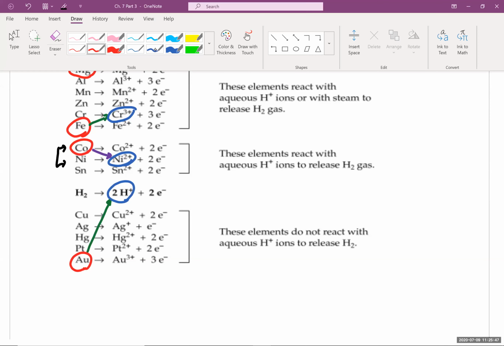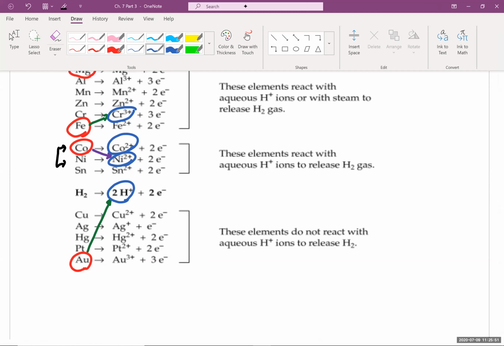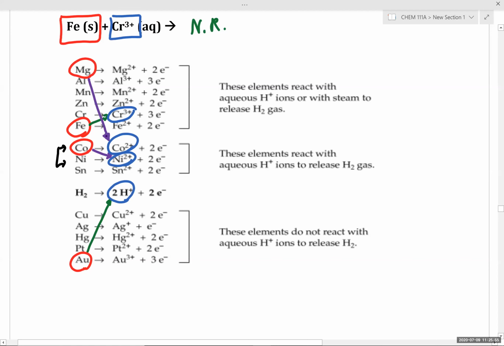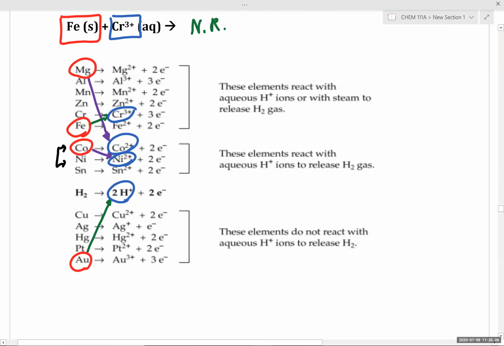Cobalt is low on the activity series. So if we draw an arrow, does a reaction occur between magnesium and cobalt? Is magnesium higher than cobalt 2+? Yes, it is. So a reaction does occur.